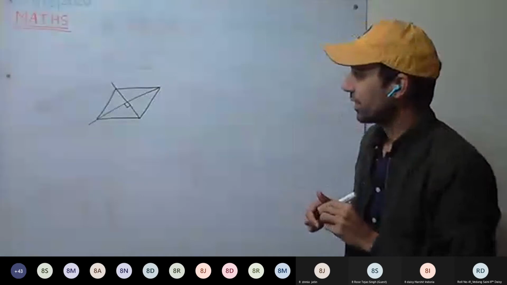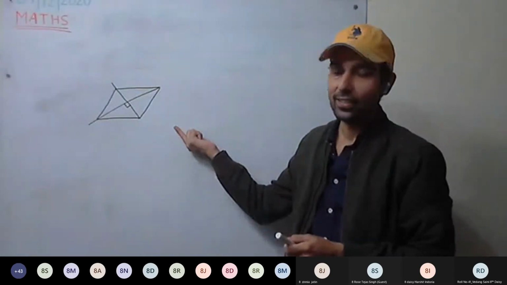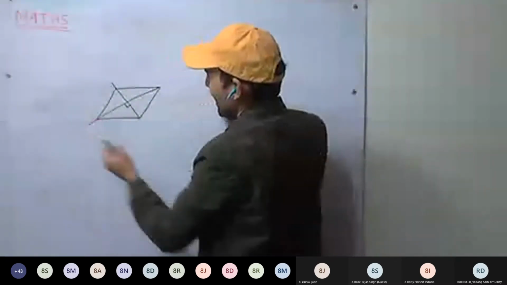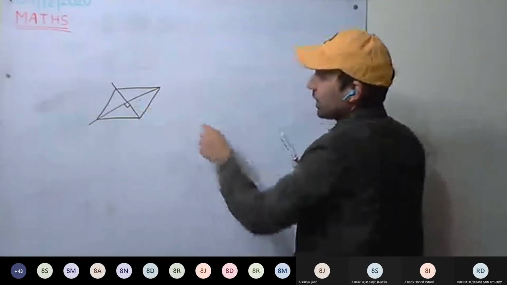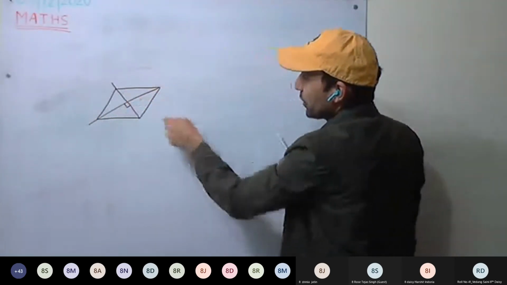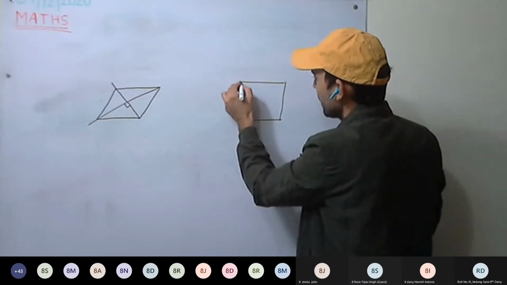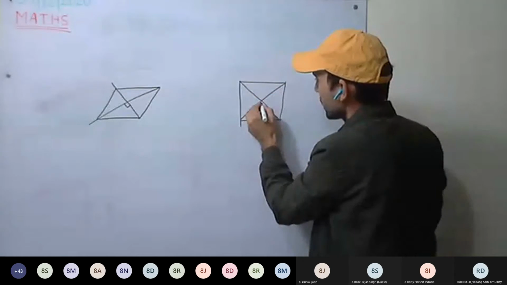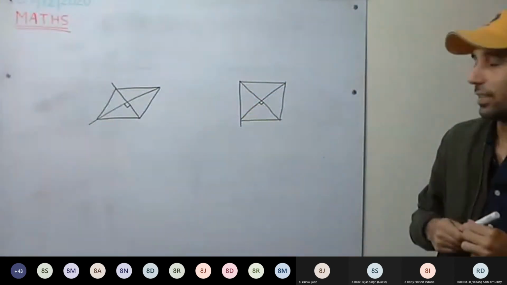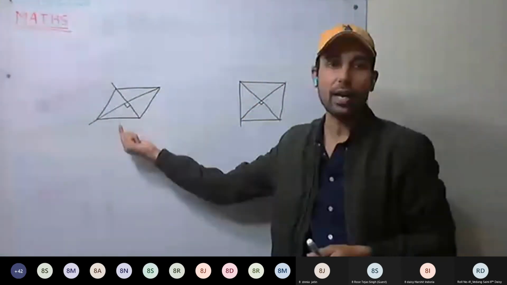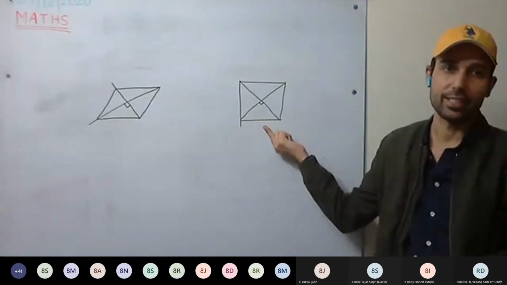This is a rhombus. Are they equal? Keep stretching them. When they become equal, it will become a square.